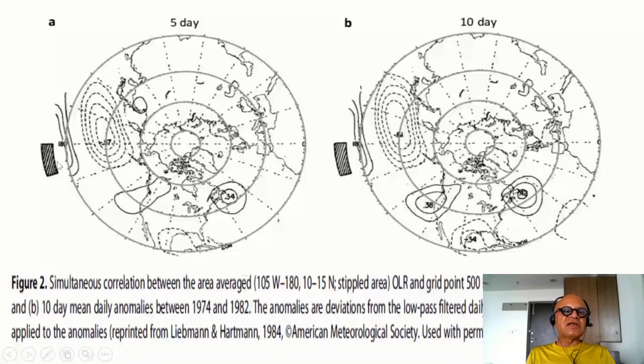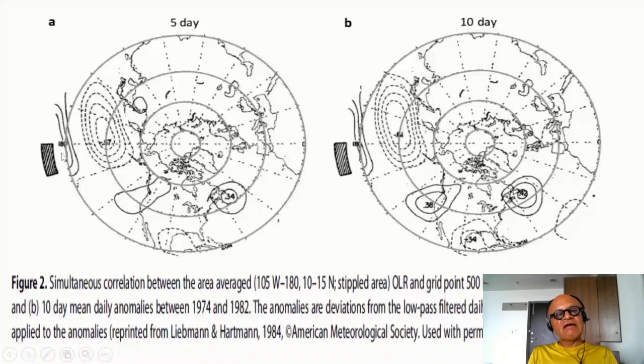So you are looking at the North Pole here, and here you have North America and Asia. So you have the Pacific sector and the Atlantic sector, and you can clearly see that the tropical convection has this correlation pattern. OLR is of course convection, so a positive here means, well, these are correlations, so one has to be careful.